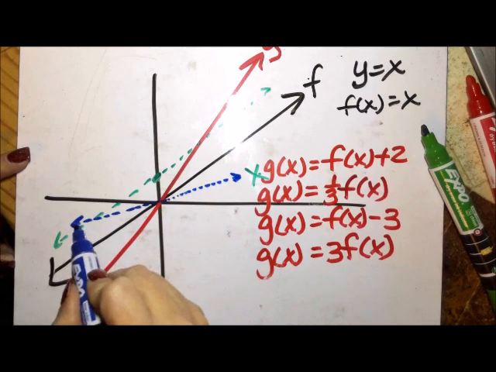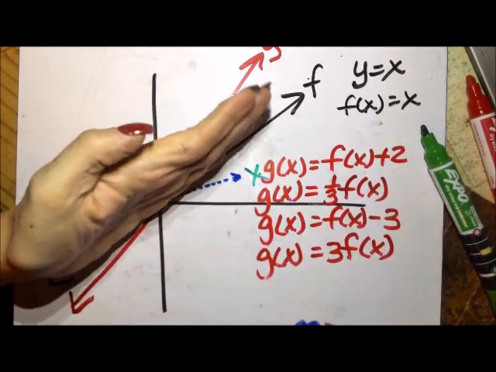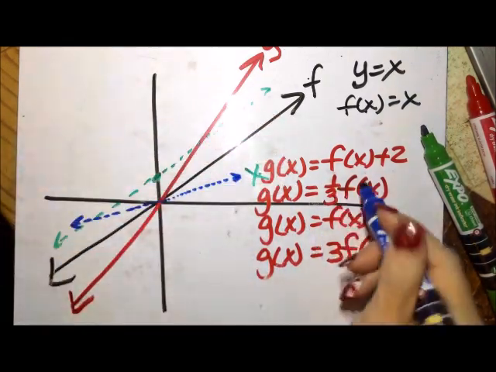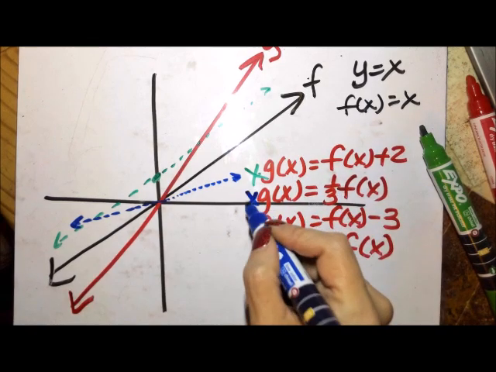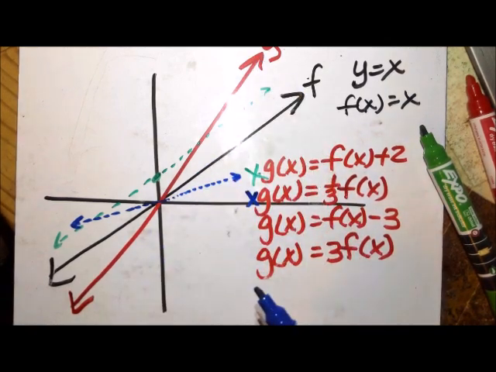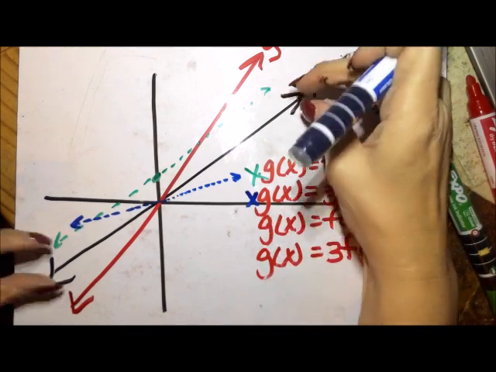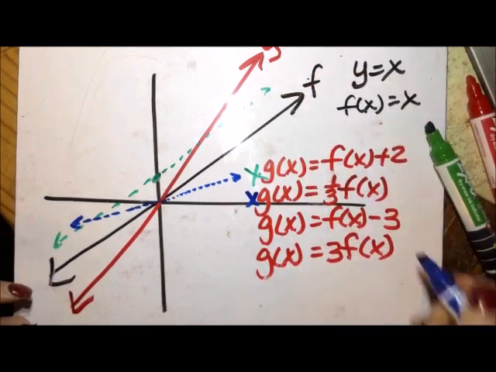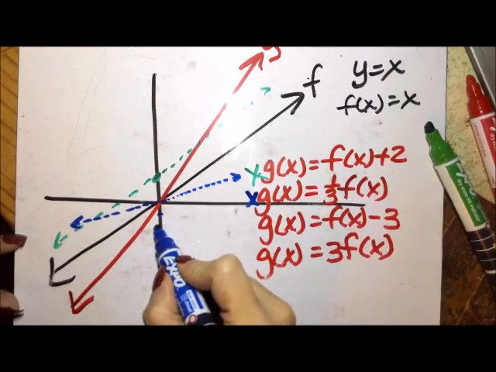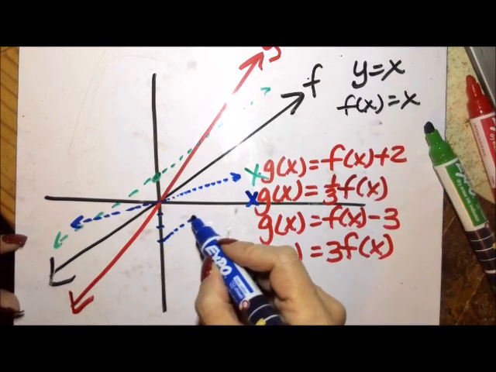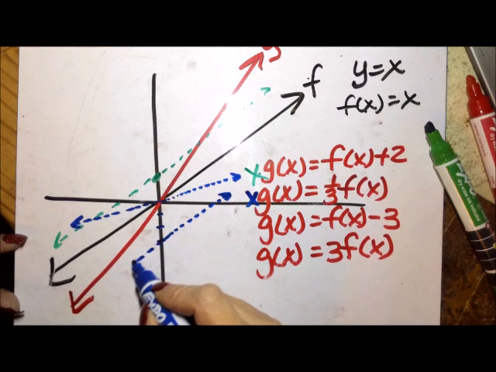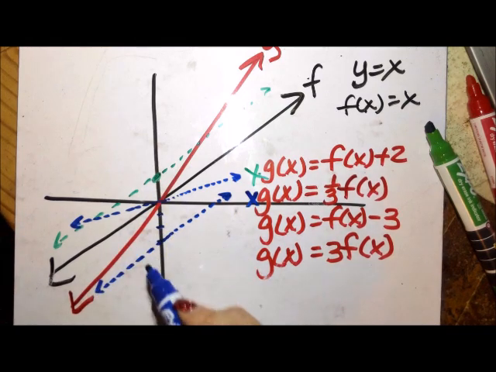It's kind of flattening it out. It's 1/3 of the slope. That's not my g right there at all. F of x minus 3. Again, this is taking f of x and moving it down 1, 2, 3. Same slope. Is that my g? No, that's still not my g.